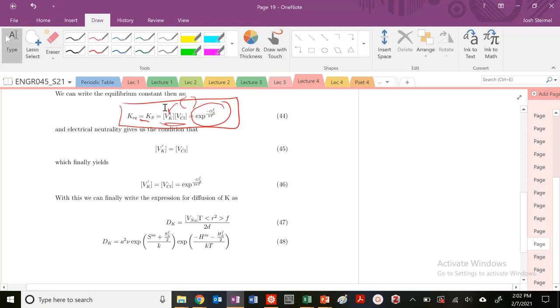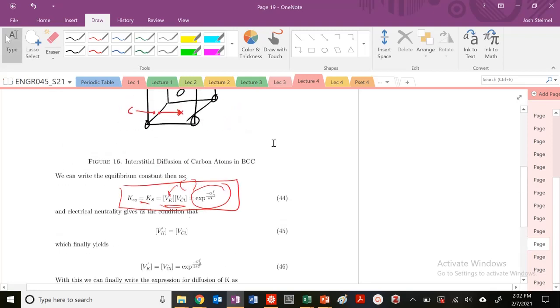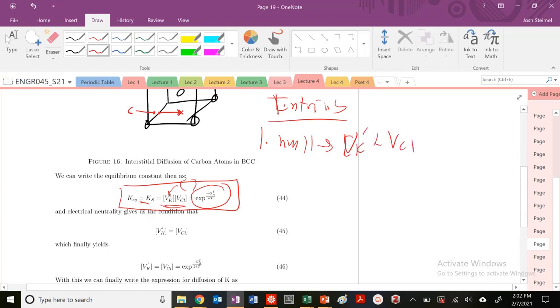So the steps, whenever you're dealing with Kroger Vink notation, for intrinsic, we need to do a couple things. First, write the reaction: null goes to vacancy K plus vacancy Cl.